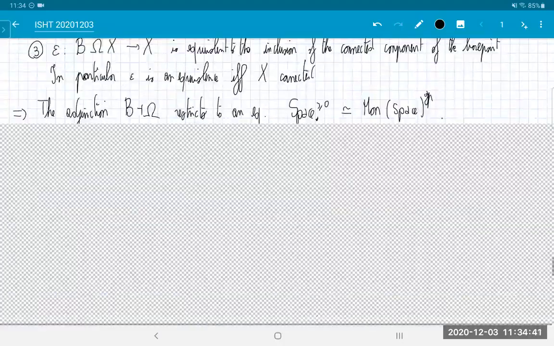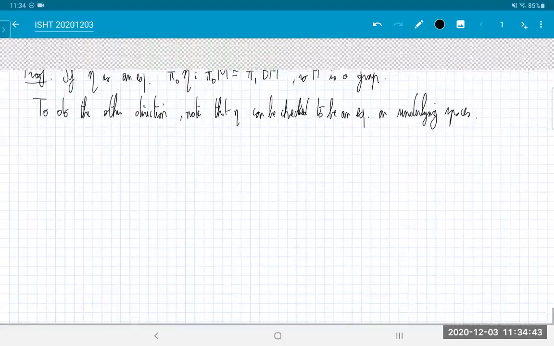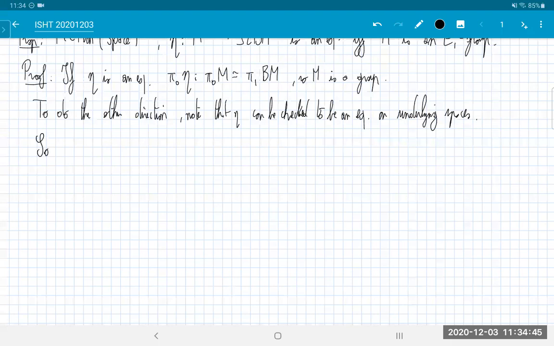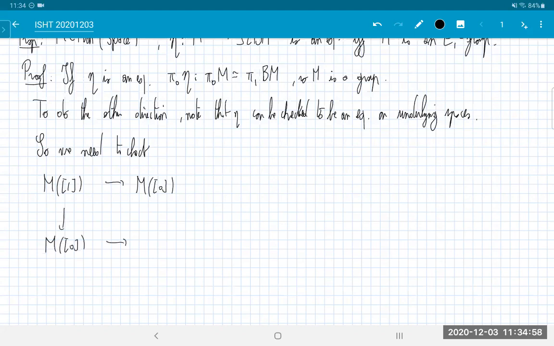So what this boils down to is that we need to check that this diagram that I wrote before, D0, is Cartesian.